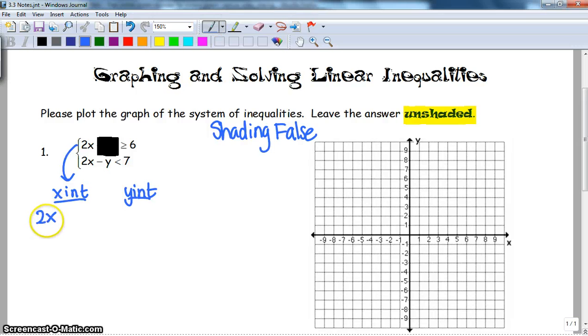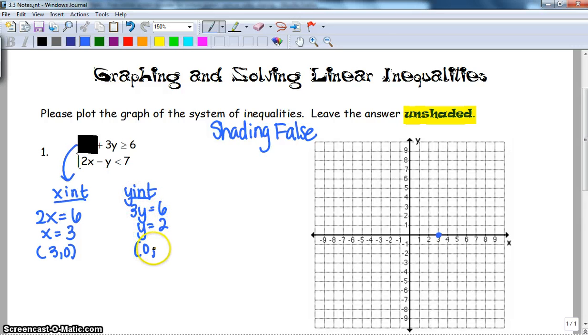So you'll have 2x equals 6 and x is 3, and you can plot that. And then your y-intercept is where x is 0. And you'll get y is 2, so (0, 2), and we'll plot that.